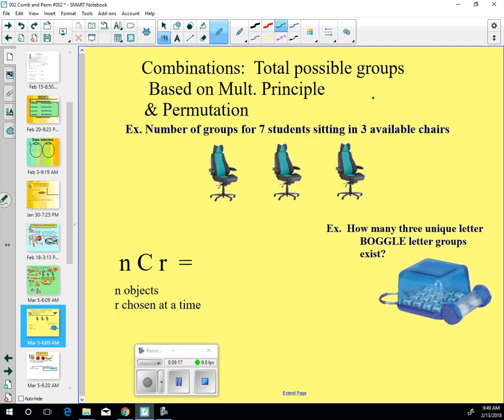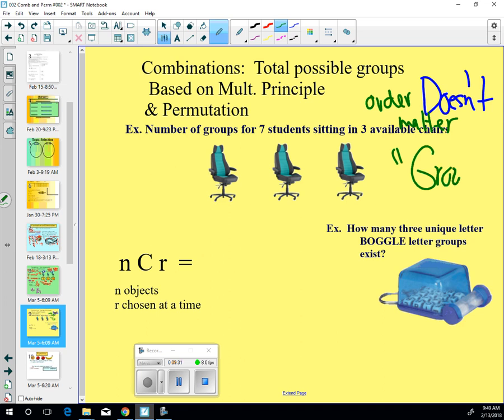Now we're looking at order. Doesn't matter. Okay, we're looking at the operative word here, groups. So how many ways could I arrange Kaylee and Emily and Sarah?